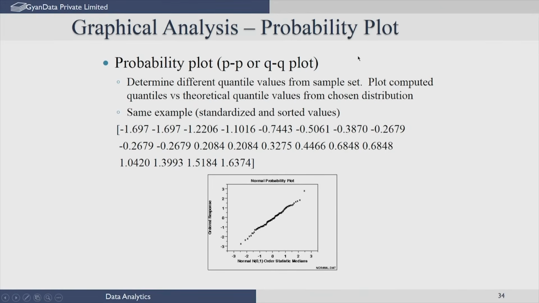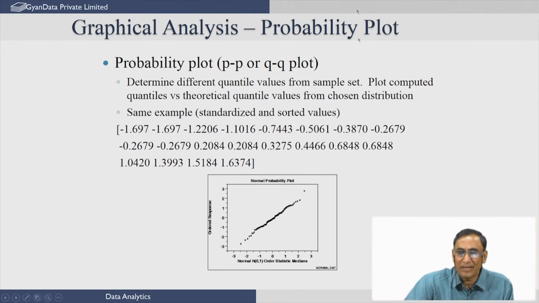The third kind of plot which is very useful to know about the distribution of the data is called the probability plot, the PP plot or the QQ plot.